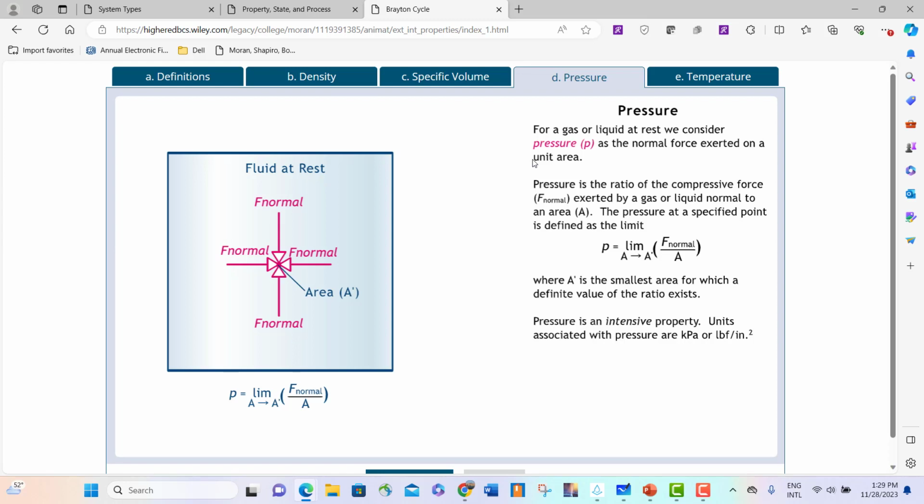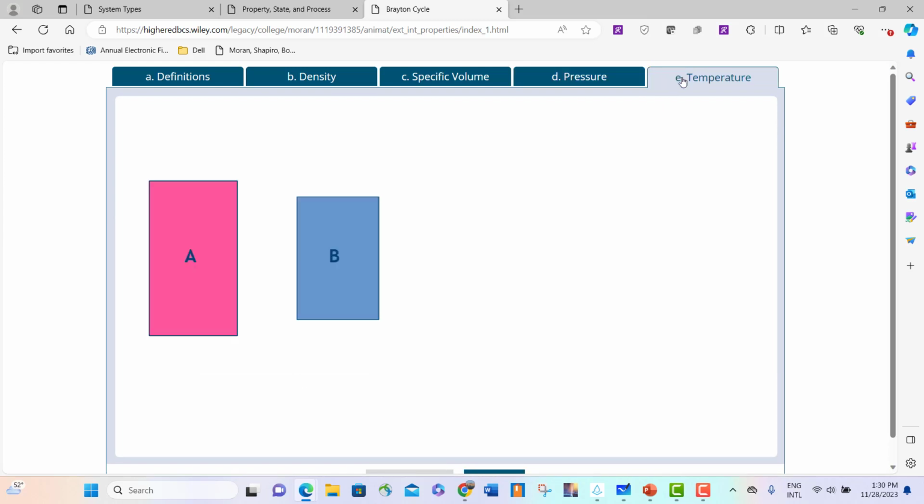Pressure is the ratio of the compressive force, force normal, exerted by a gas or a liquid to an area. The pressure at a specific point is defined as the limit, where A prime, A with the little prime, is the smallest area for which a definite value of the ratio exists.